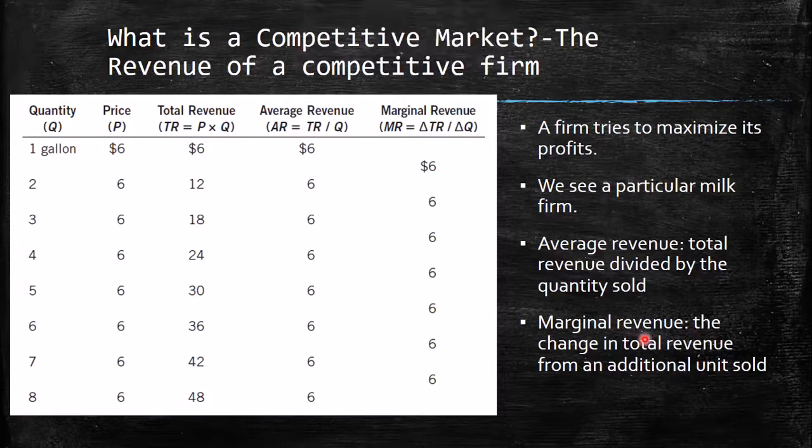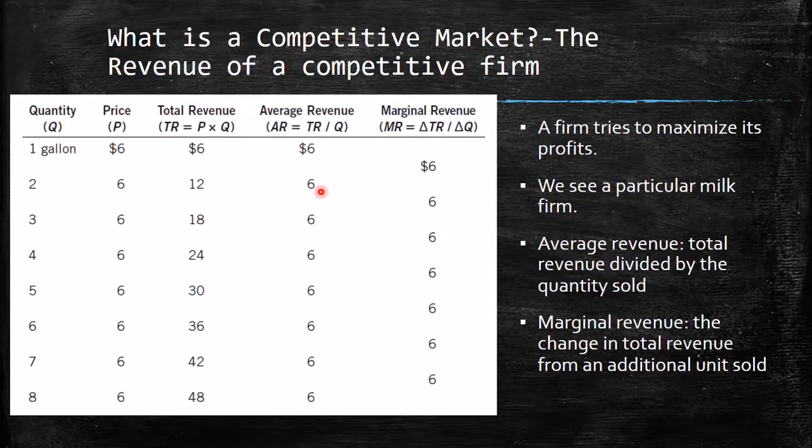Now we need to understand the different definitions of average revenue and marginal revenue. The average revenue is the total revenue divided by the quantity sold, but basically it says what is the average revenue of each gallon of milk produced. So at this time, on average, each gallon provides $6 of revenue, and the marginal revenue is the revenue of selling one additional unit.